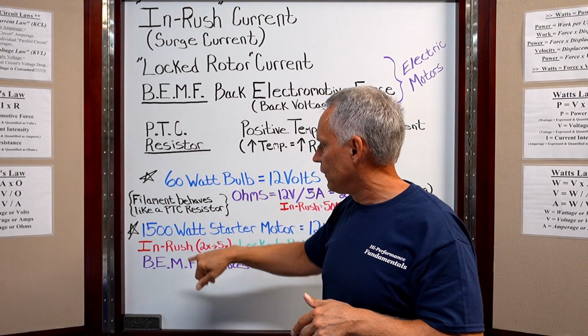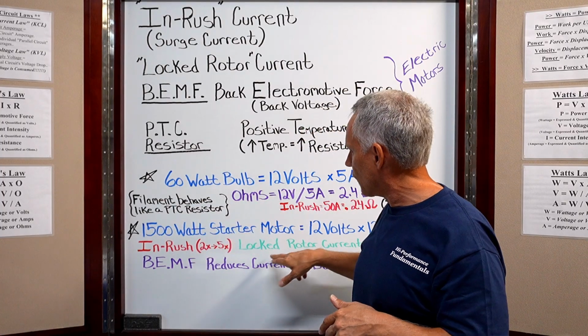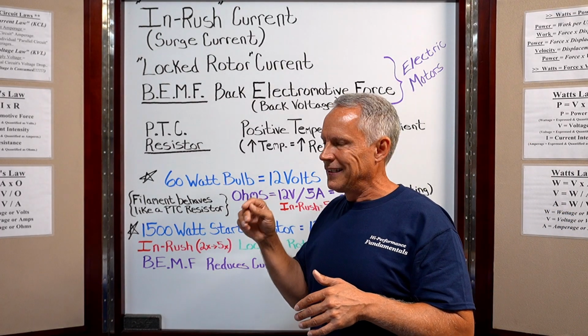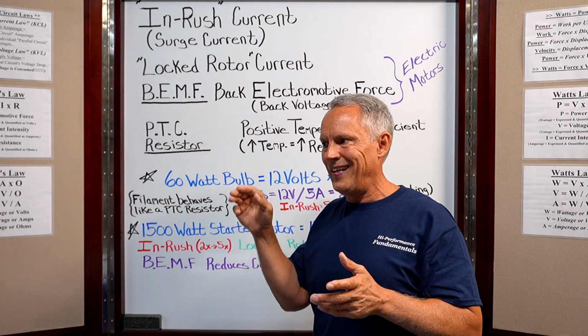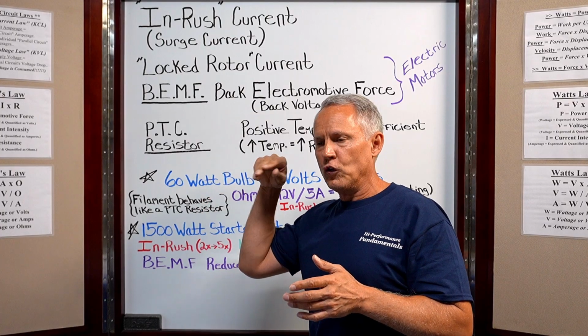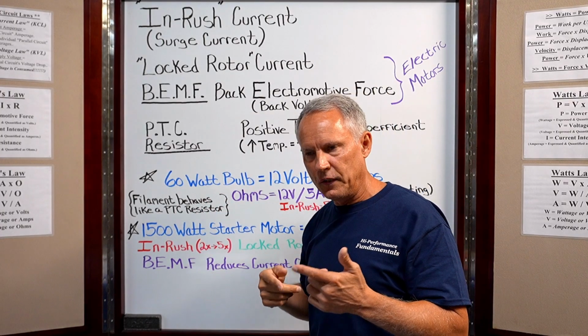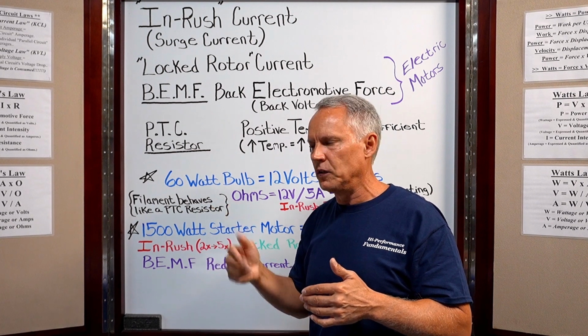So it's really hard to determine exactly what the locked rotor current is going to be until you have it installed on the vehicle. And like I said, starter motors are a worst case scenario because it is indicative of, or directly related to, the engine that it's rotating. So it's a little bit tougher to design for that, something you have to take into consideration.